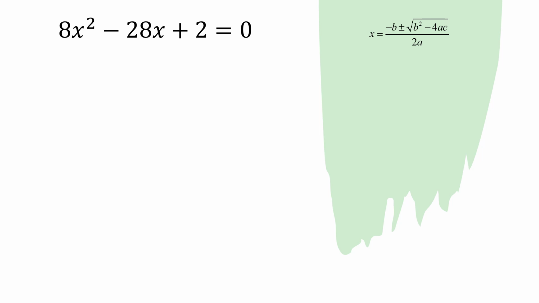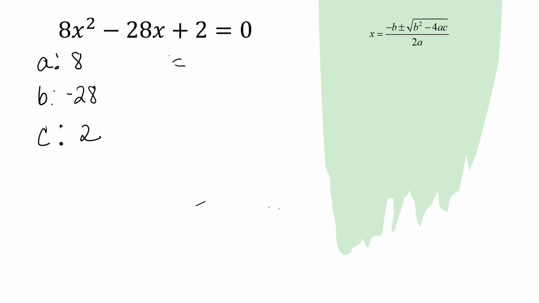That's in standard form already. So let's find our A, B, and C. A is 8. B is negative 28. C is 2. So we're going to plug this in. We have negative b, and you're plugging in a negative for a negative.